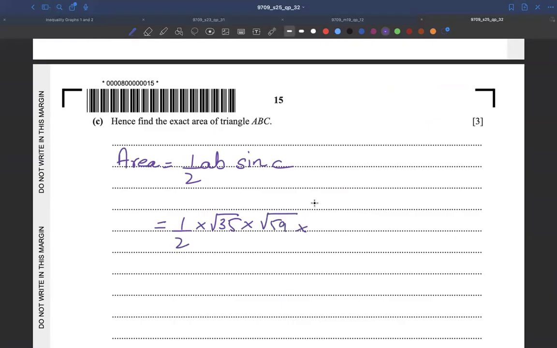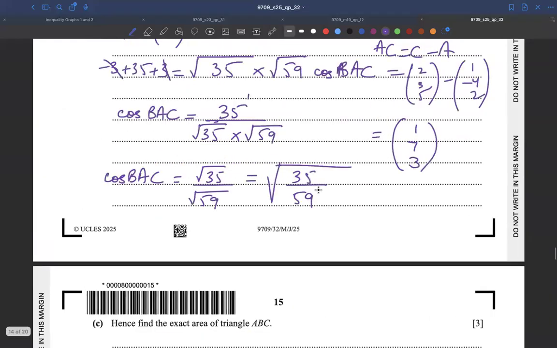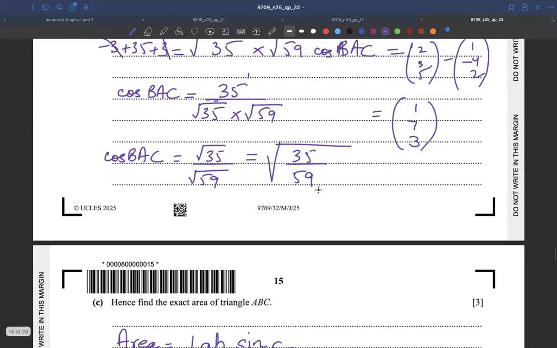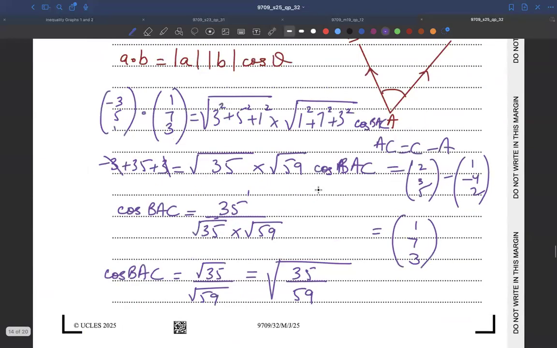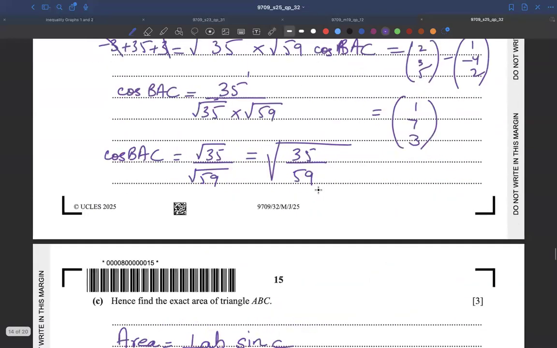Now this angle, we just left it as it is, but if we use our calculators, we do shift cos inverse, and we'll make sure our calculator is in degree mode. So this will be shift cos inverse of root 35 over 59. So that angle is 39.627.